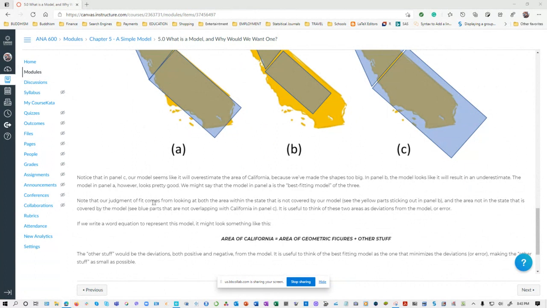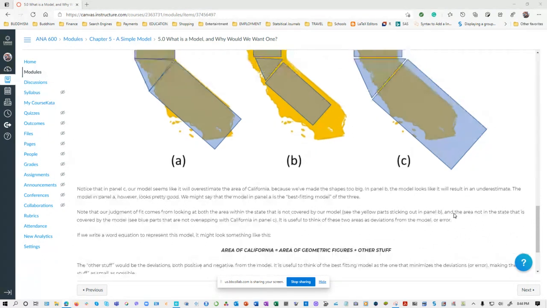So note that our judgment of fit comes from looking at both the area within the state that is not covered by our model, the yellow parts sticking out in panel B, and the area not in the state that is covered by the model, the blue parts that are not overlapping with California in panel C. It is useful to think of these two areas as deviation from the model, or error.